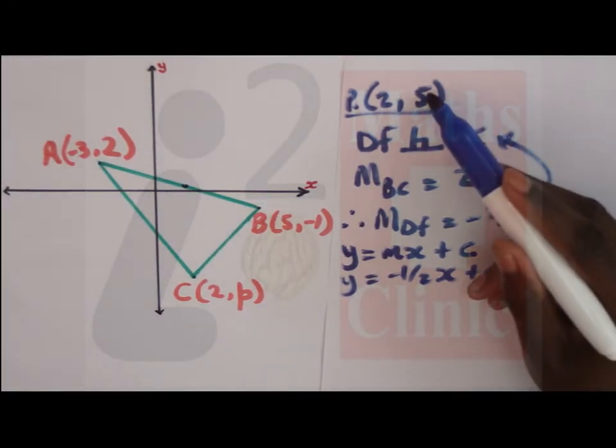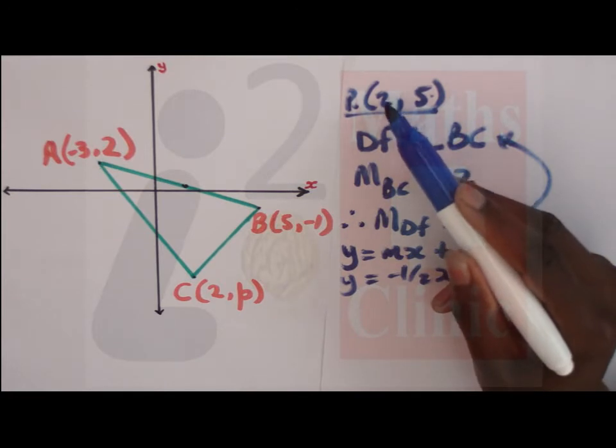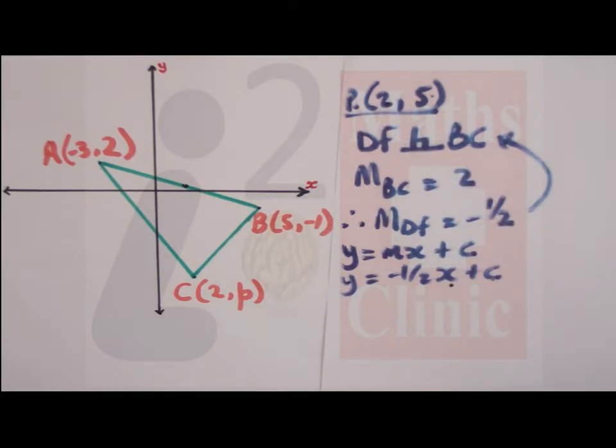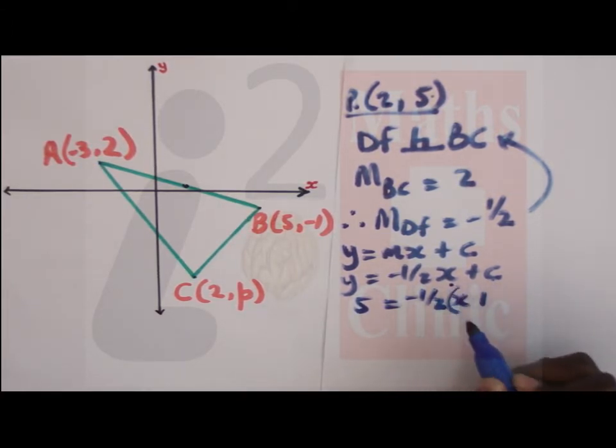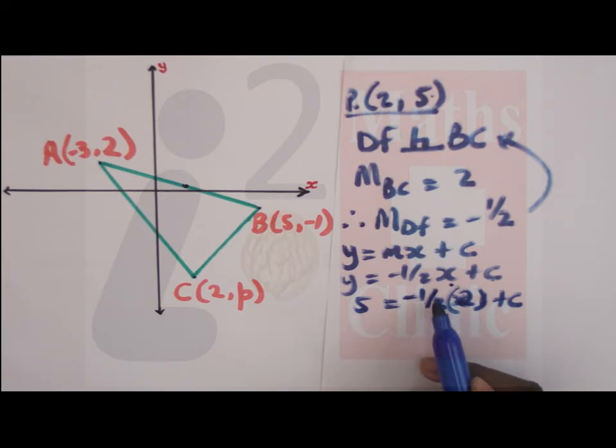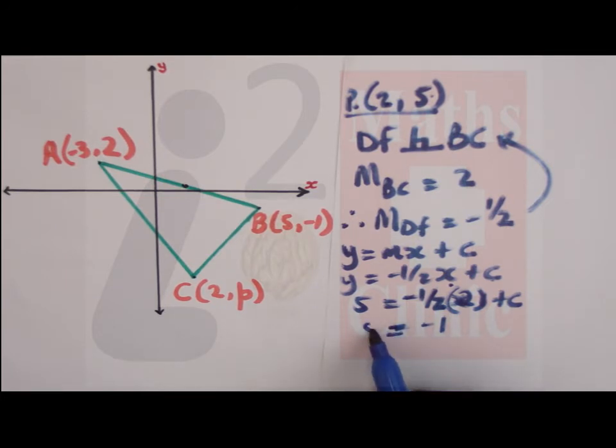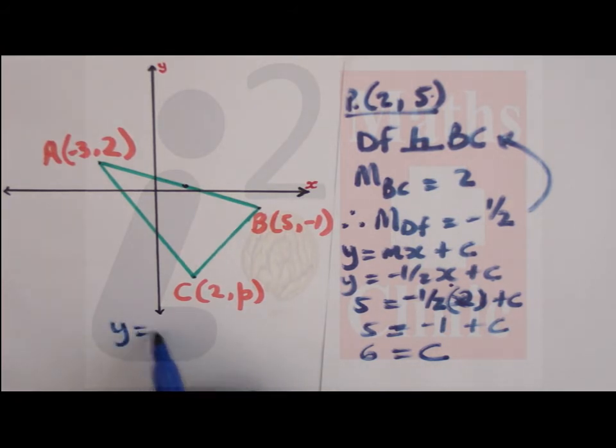Starting with the point here, we substitute the y value and the x value and solve for c. So 5 equals negative half times 0 plus c, so c equals 5... the equation here is y equals negative half x plus 5, and then we see the next question.